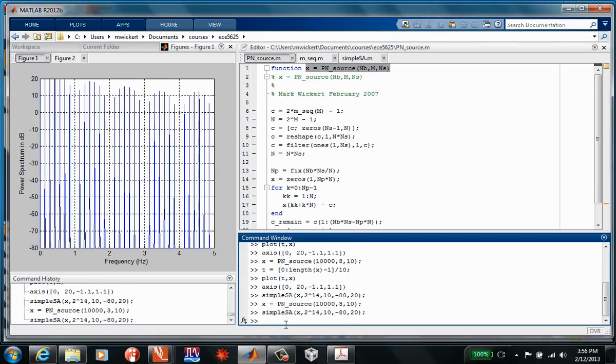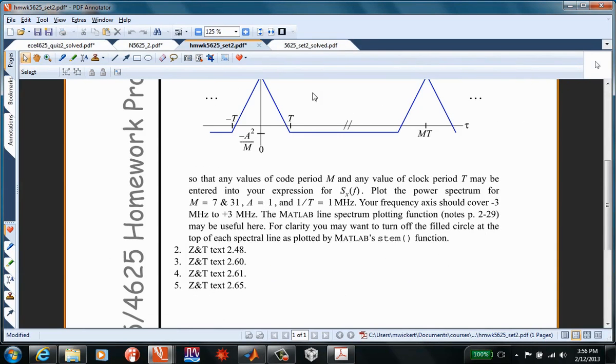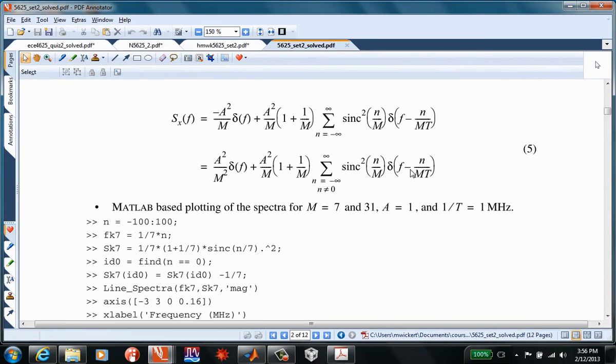Okay. So the spectral lines are not that close together, because the spectral lines from the math over here, let's see, the spectral lines are spaced at 1 over m times, and m is actually not m, it's 2 to the m minus 1.